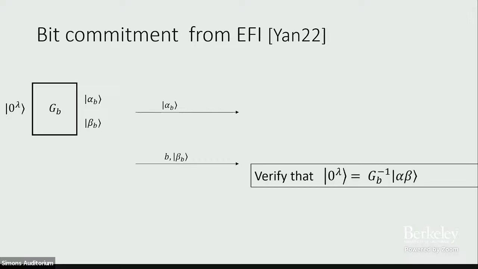How does the receiver verify? He has the alpha from before, and now he has the beta. He can run G_b in reverse, measure in the end and see that it gets zeros. Because the trace distance is large, you cannot cheat. So that's a very simple, canonical commitment.